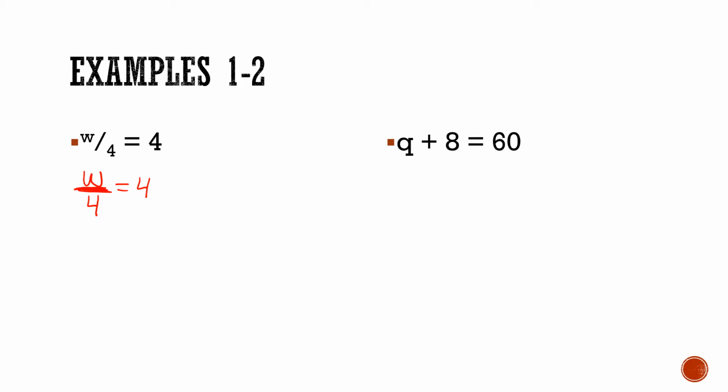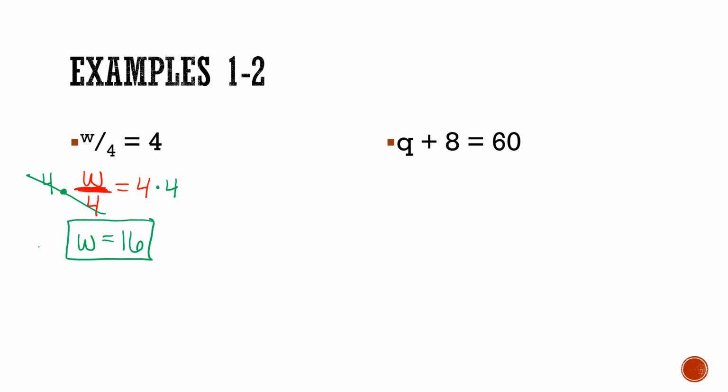So we're going to do the opposite in order to get that w by itself. The opposite of dividing by 4 would be to multiply by 4. Those will cancel each other out. However, if we multiply that side of the equation by 4, then we have to multiply the other side of the equation by 4. So that leaves us with w equals, and 4 times 4 is 16.